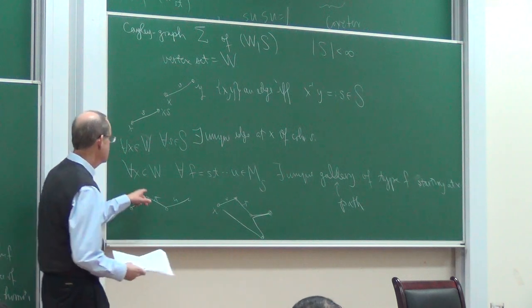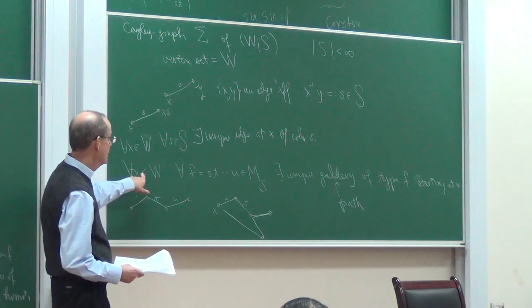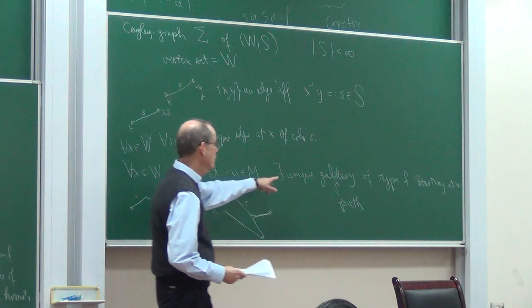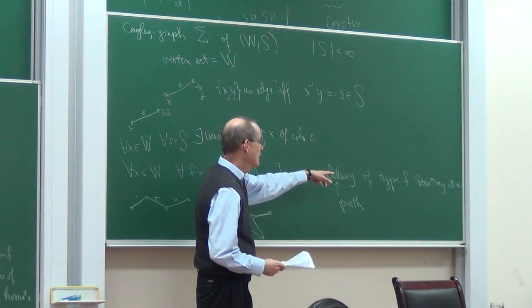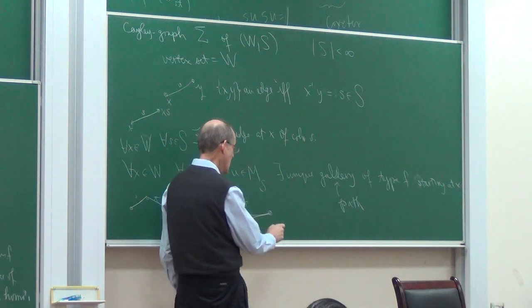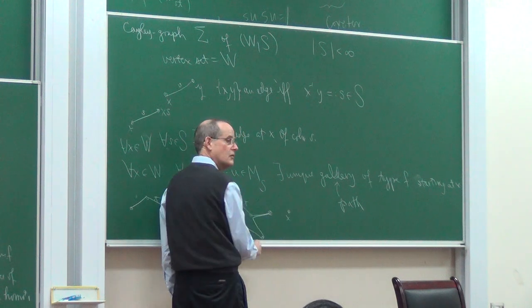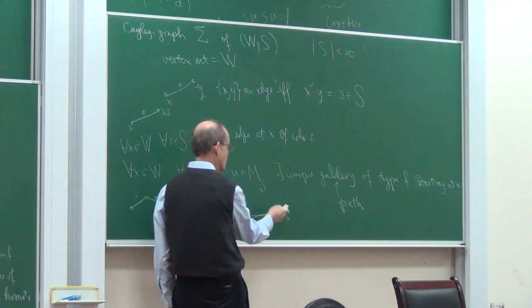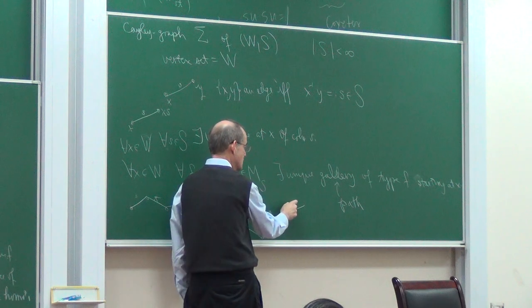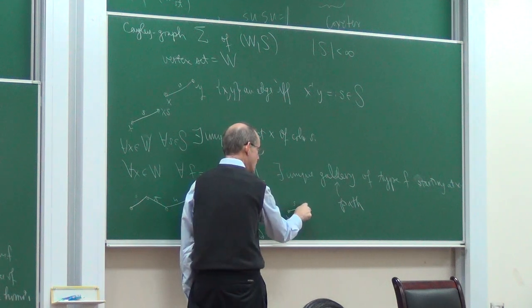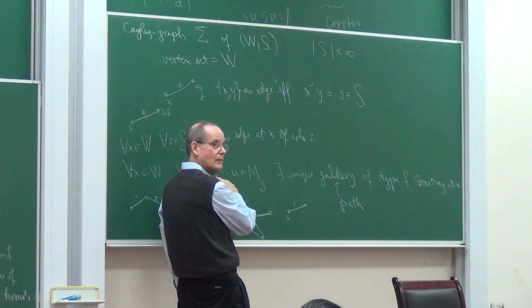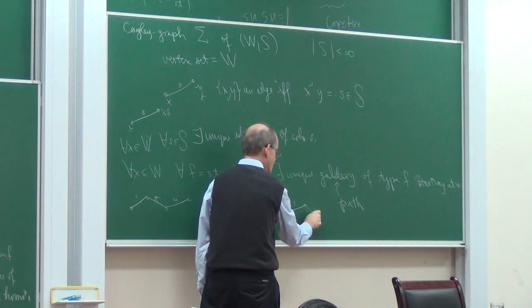And so our assertion is that if we're given any vertex and any word, there exists a unique gallery of type F which starts at x. This is simply obvious. You take any vertex and you look at the first letter, that's s. Well, there's a unique edge of color s. And then you start here and you say, well, there's a unique edge of color t, and so on.